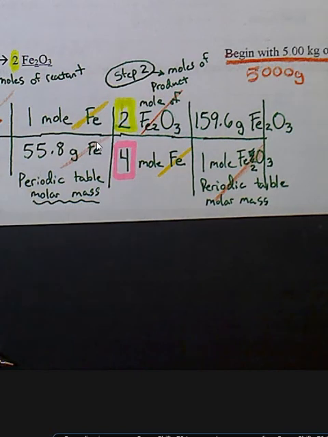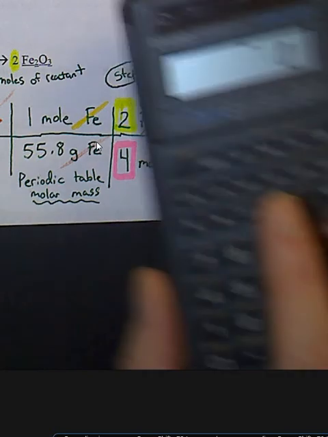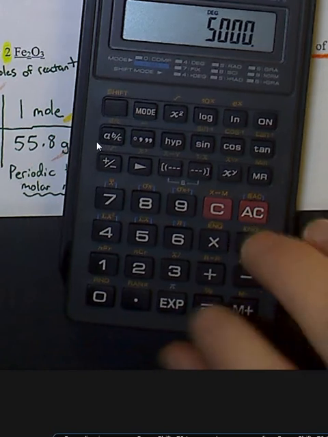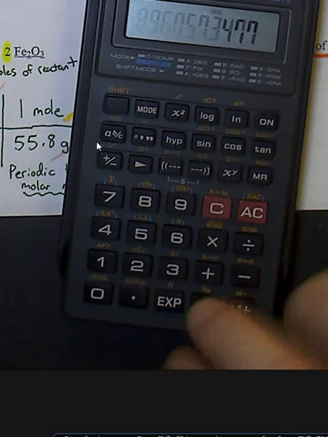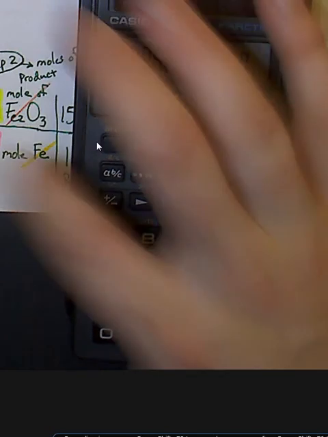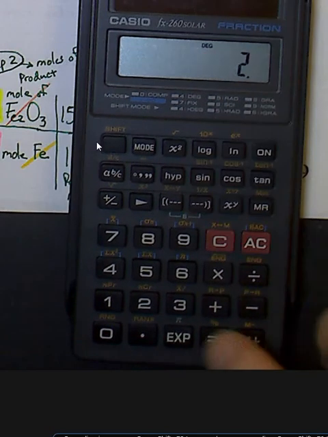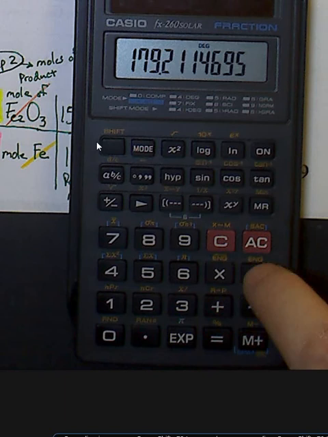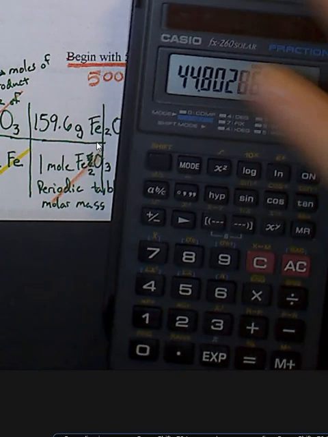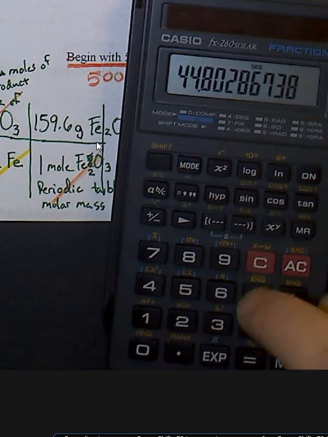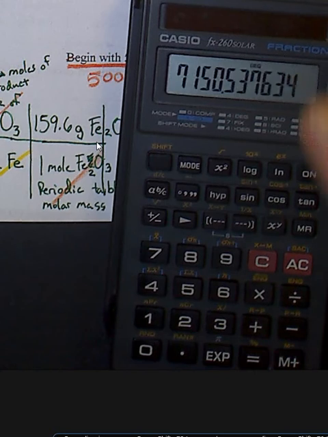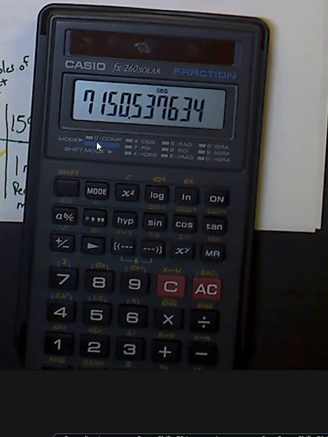So let's plug this in, probably 2 or 3 times, because you have a lot of numbers here. 5,000 divided by 55.8 equals, do every step one at a time. Okay? Then we're going to multiply by 2, divide by 4, and then multiply by 159.6, and that gets us 7,150.5.